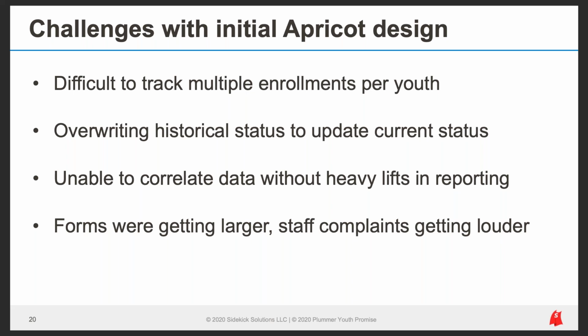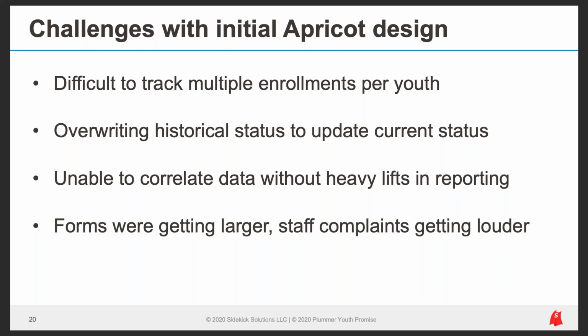The enrollment record was really the key to that universal design that allowed the data to be segmented by program. As we worked through our priority list, that enrollment issue just kept getting bigger and bigger. We realized that was the issue we needed to solve for.